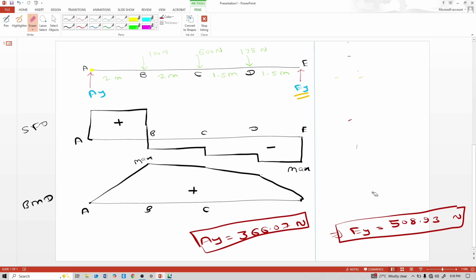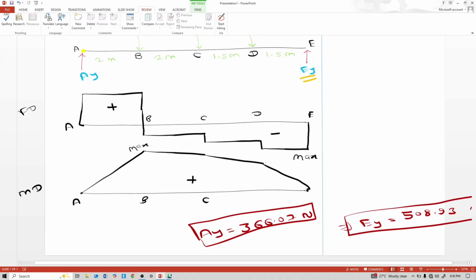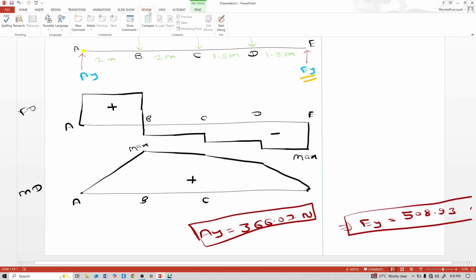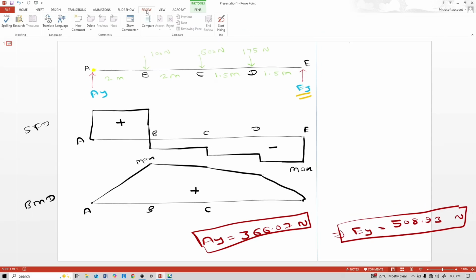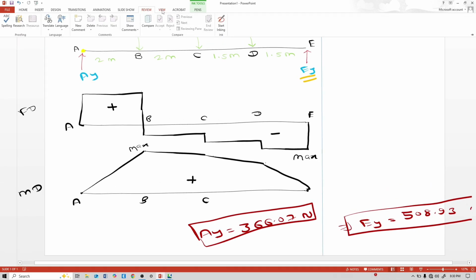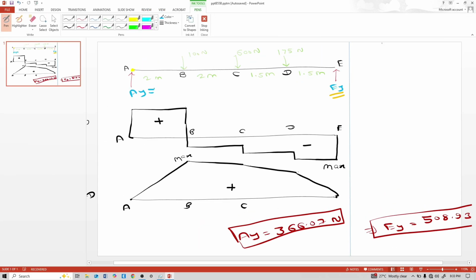So I write this here: AY is equal to 366.07 Newton and EY is equal to 508.93 Newton.